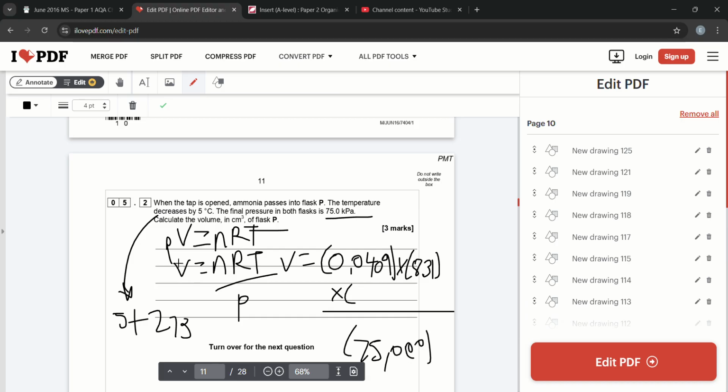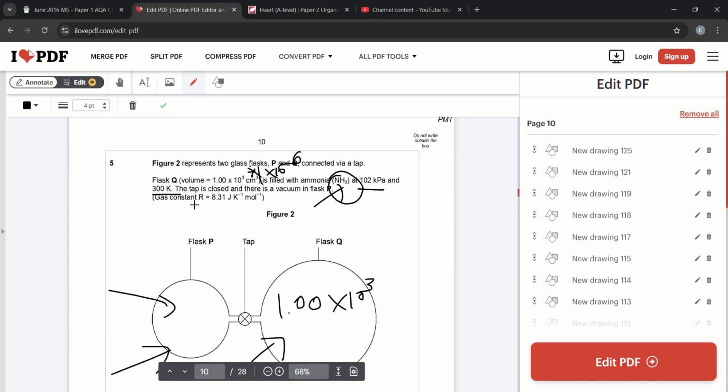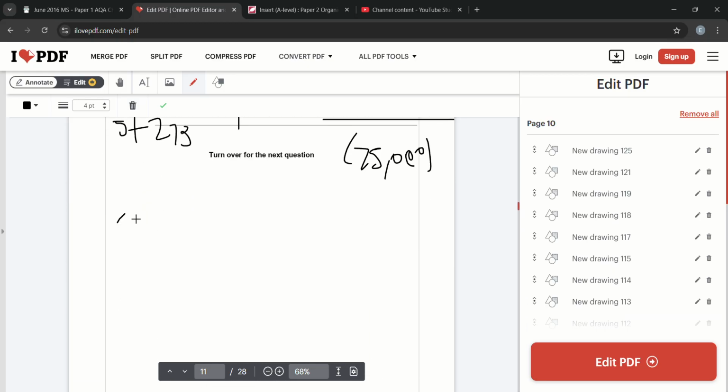To find the temperature, we know the original temperature is 300 Kelvin.